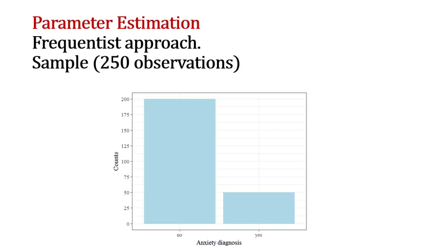analysis we typically conduct. Okay, so let's say we want to estimate the proportion of people in a population who have anxiety. Let's say we've got a sample of 250 people, and they received the diagnosis of anxiety or not.